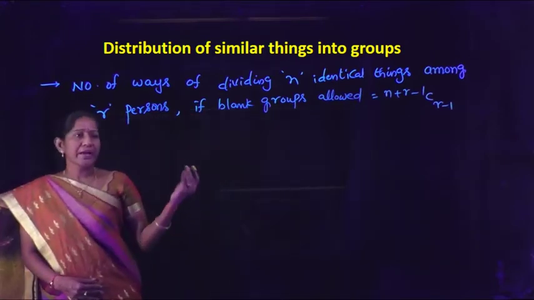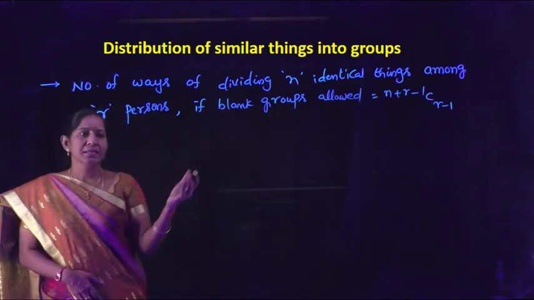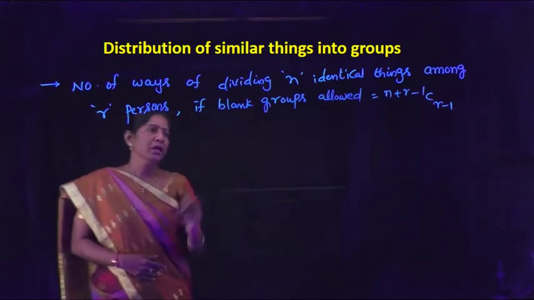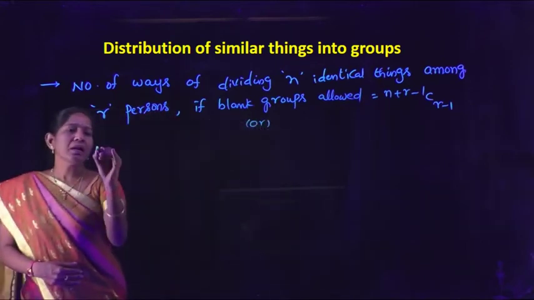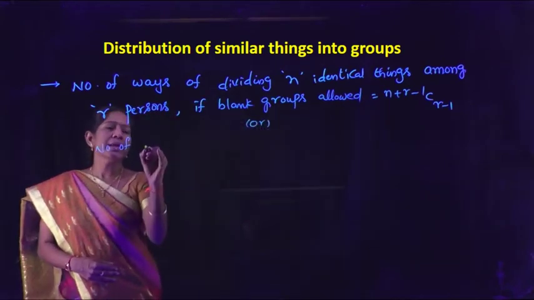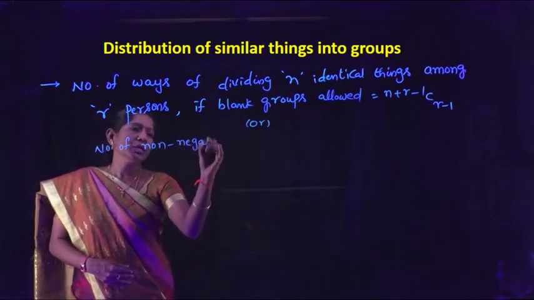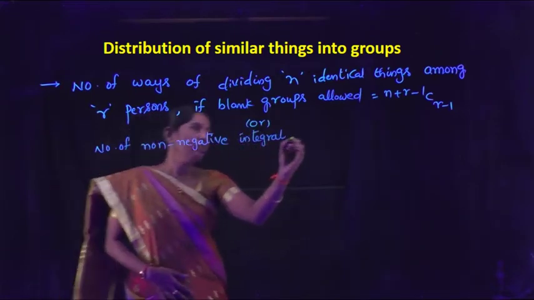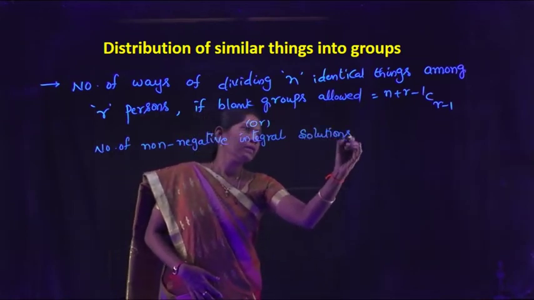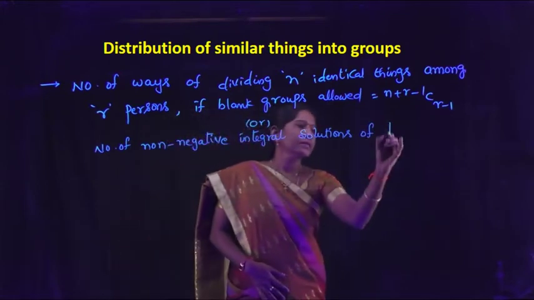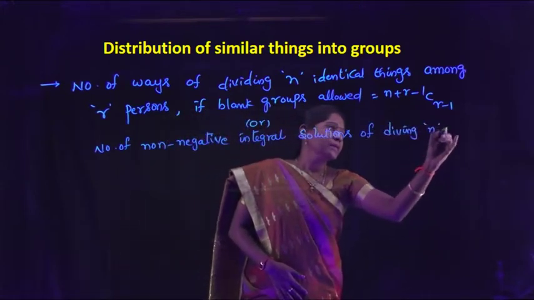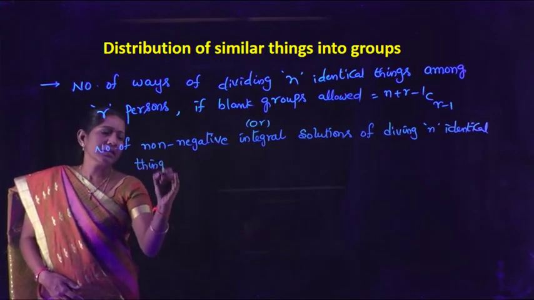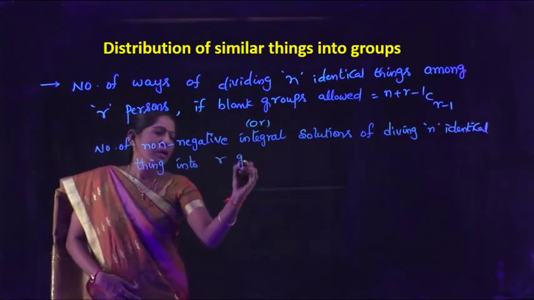The number of ways of dividing n identical things among r persons if blank groups are also allowed is n plus r minus 1 c r minus 1, or also we can say the number of non-negative integral solutions of dividing n identical things into r groups.